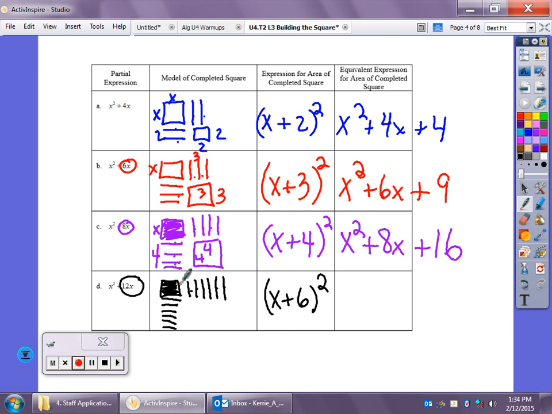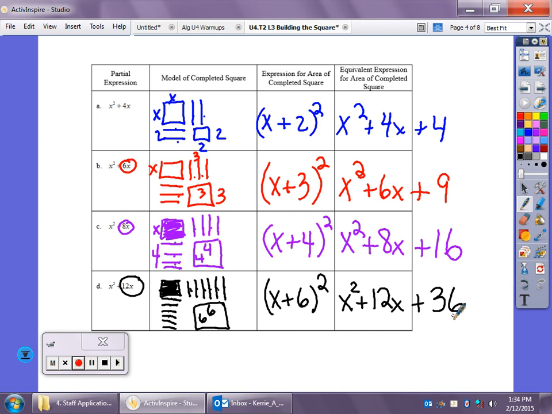Okay, so the area of this square is going to be x squared. Remember, each one of these is 1 by x, so 1 through 12. Okay, and then we fill in this space. This is going to be a 6 by 6, so 36.